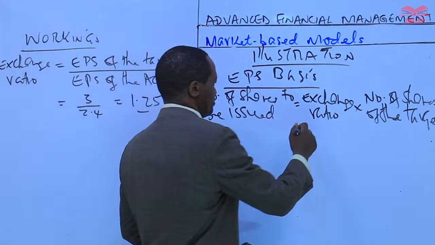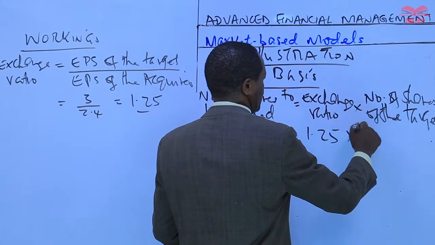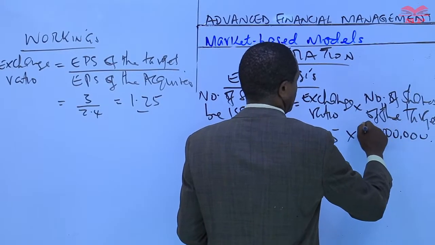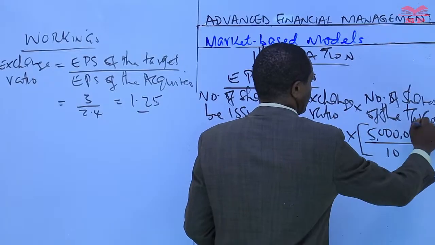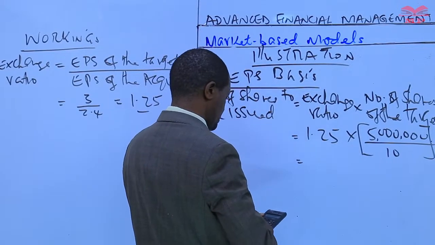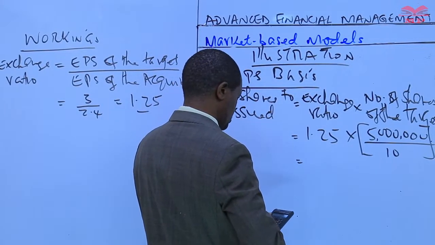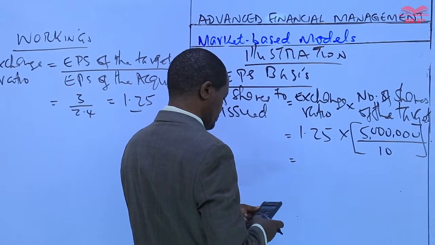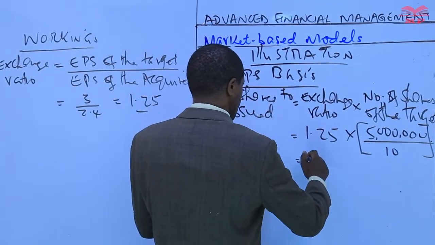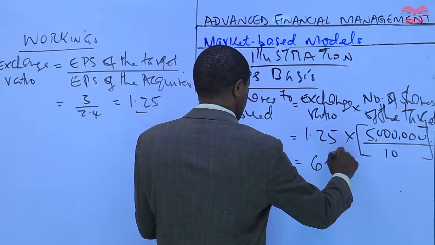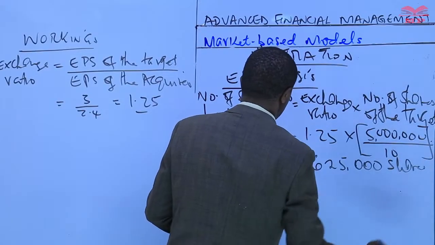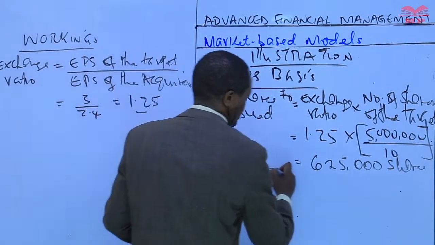So we come here and plug in 1.25, multiplied by the number of shares. 5 million is the total value of shares and 10 is the par value, so we have 500,000 times 1.25. The total number of shares to be issued is 625,000 shares. That's the answer using the EPS method.